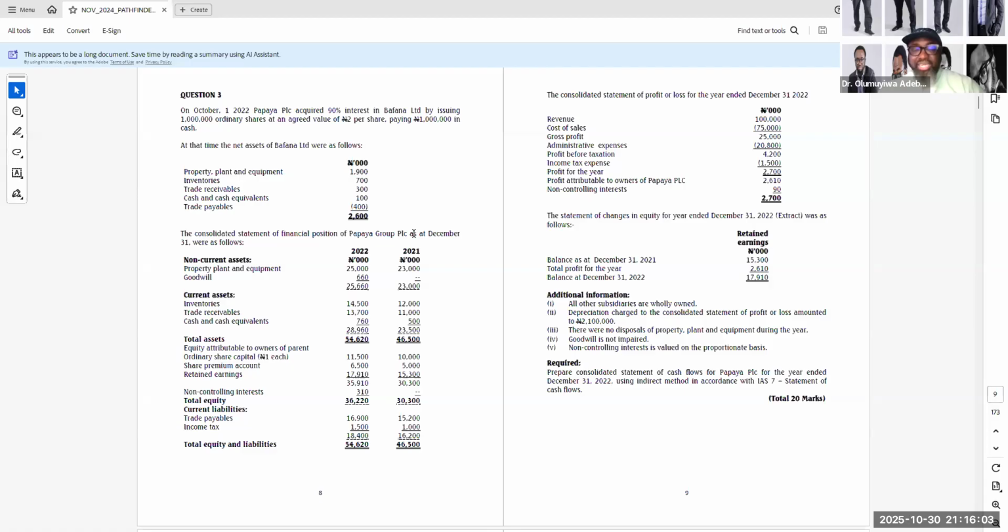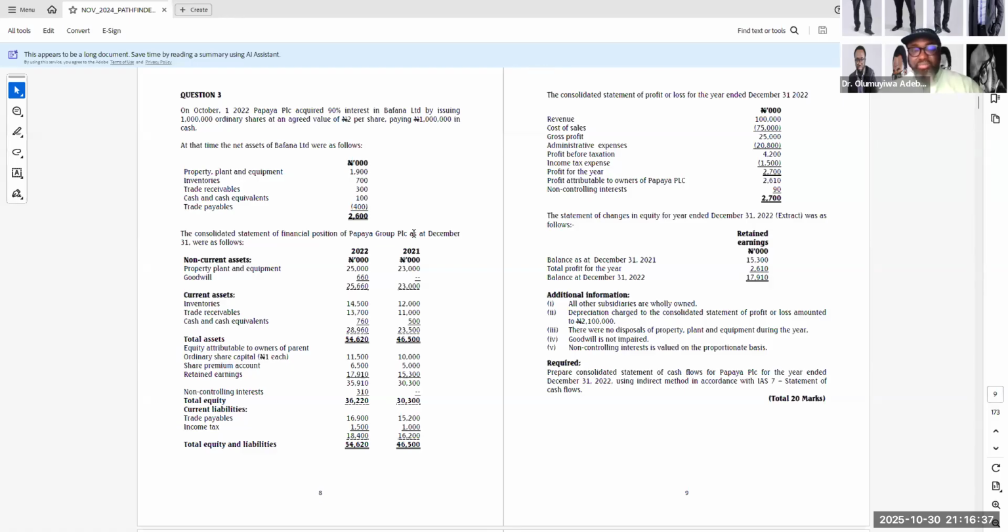By and large, we delved into the consolidated statement of cash flow by combining about 3 standards all in all: IAS 7, IFRS 10, and IAS 28, which are what we combined yesterday.